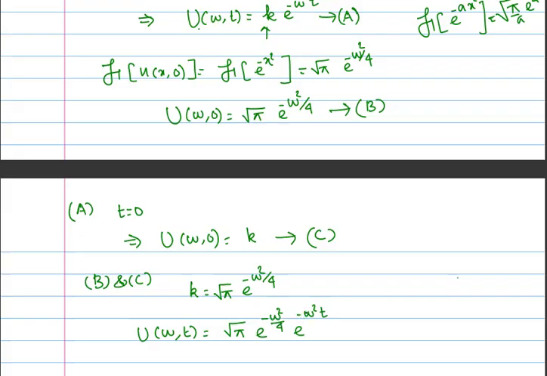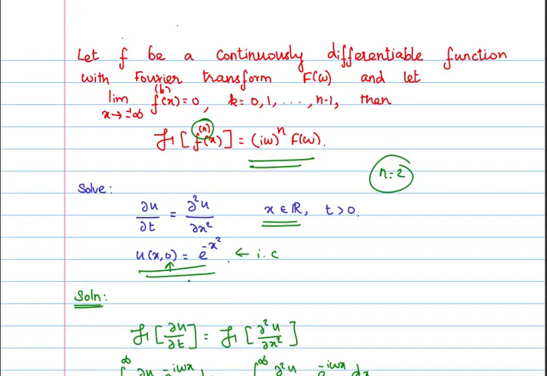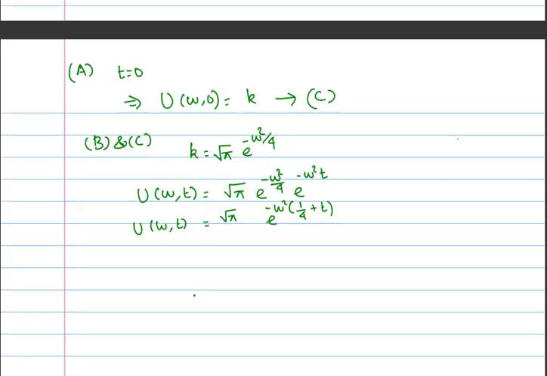We already did it. Now, combining, I take square root of pi times exponential of minus omega square outside times (1 by 4 plus t). This is capital U of omega comma t, but I require the small u. So what will I do? I will apply the inverse Fourier transform on both sides.